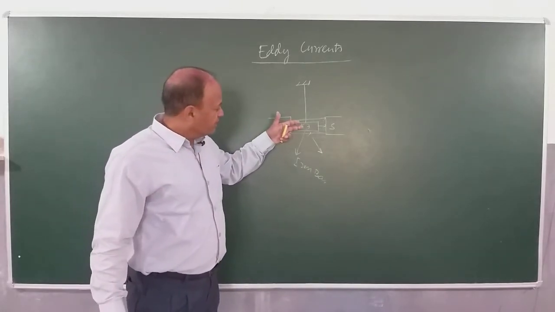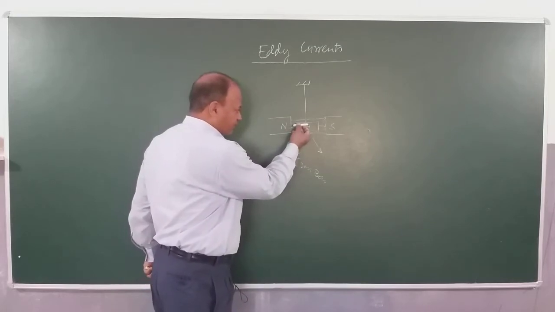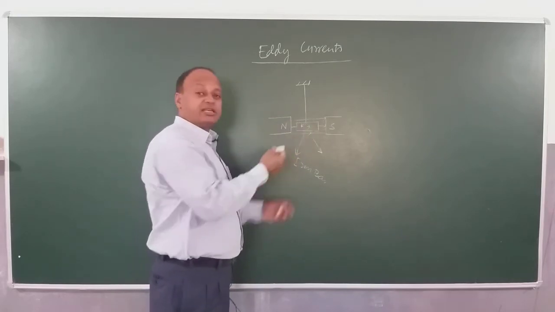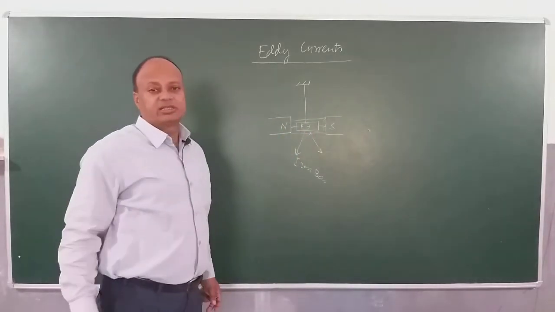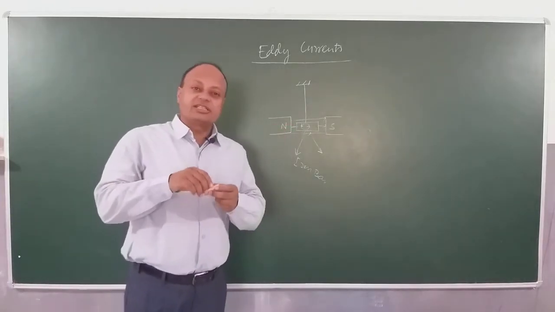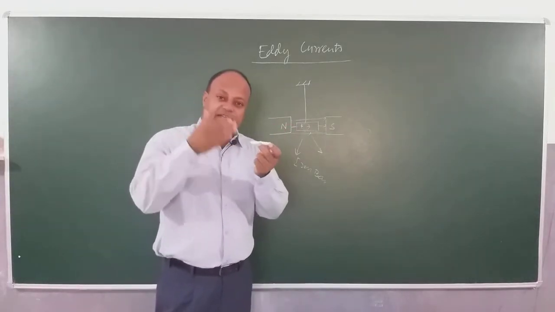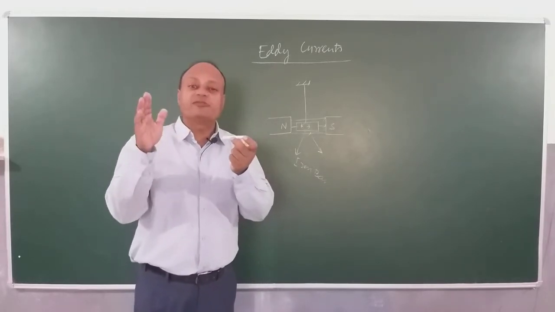So when this bar will try to come out, we'll pull it inside. And when it is going inside, we'll push it outside. That means the nature of the induced current is such that it wants to eliminate the very cause which is responsible for producing the current. Means it does not want any change in flux.